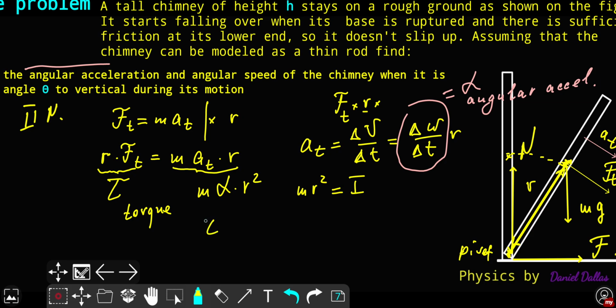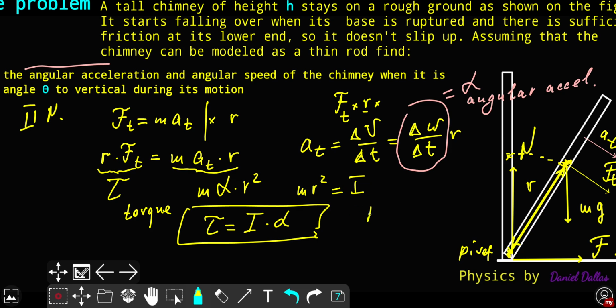So we'll get a more general equation for the torque: it's I times alpha, moment of inertia times alpha. That's what stands for the torque. In our case, it's not a point mass, it's a thin rod, so the moment of inertia is modeled using m h squared over 3. That's the formula you can get by applying calculus or integration, okay?